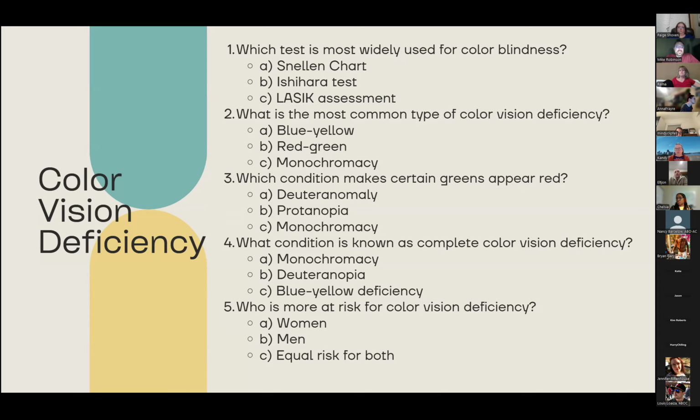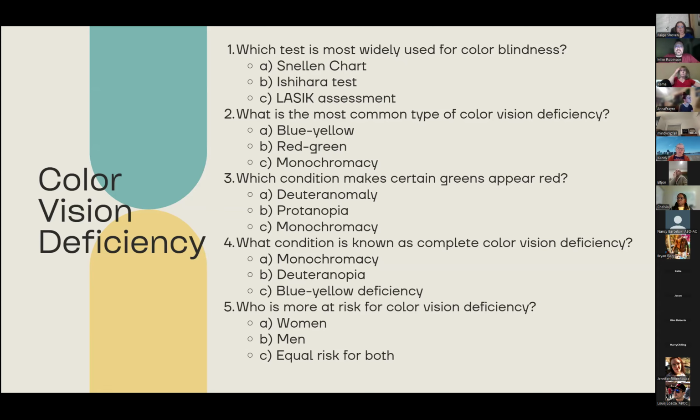So if you have a complete color vision deficiency, you can't see colors at all. This is called monochromacy or achromatopsia, and it's rare. Now, going into tritanomaly and tritanopia. This is blue-yellow color vision deficiency.